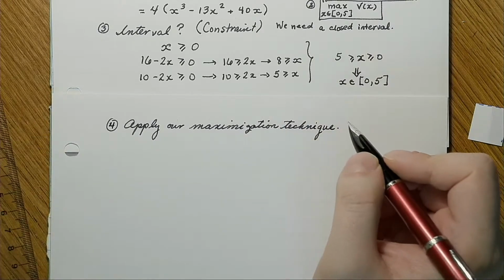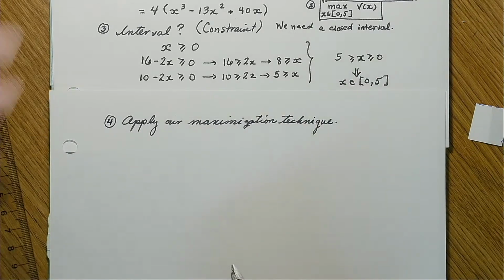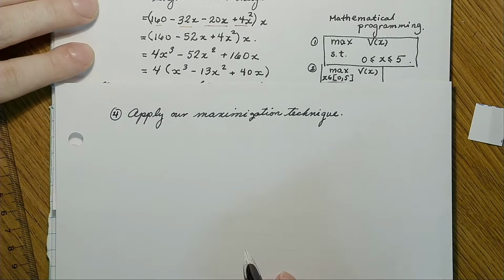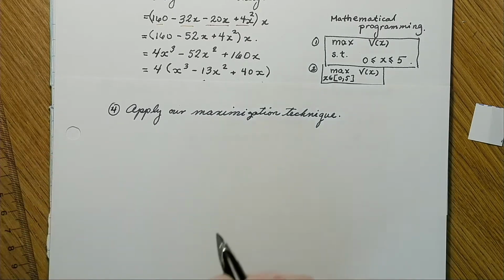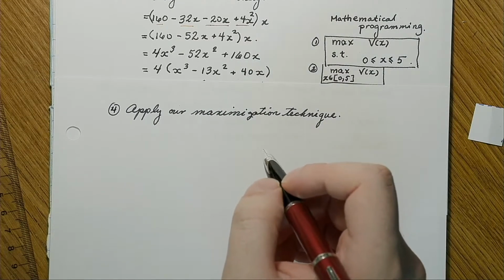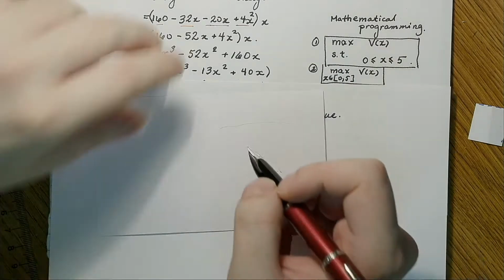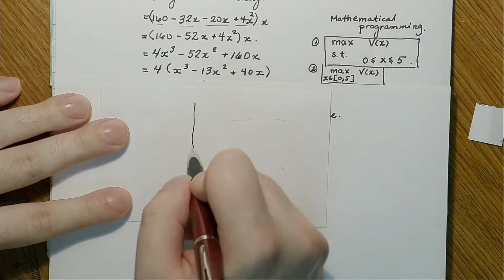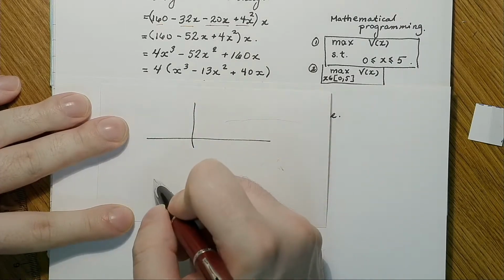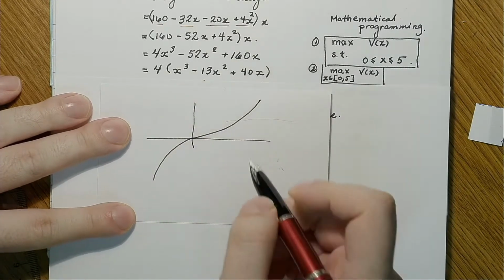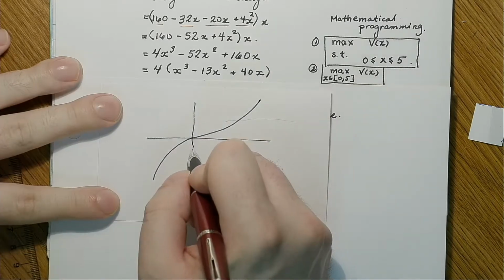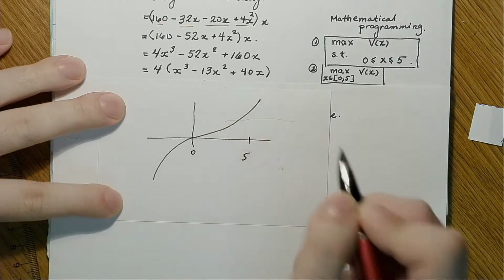So we have this function, and it's cubic, and it's positive, so it should look something like this. And we're going to be on some sort of closed interval from 0 to 5.